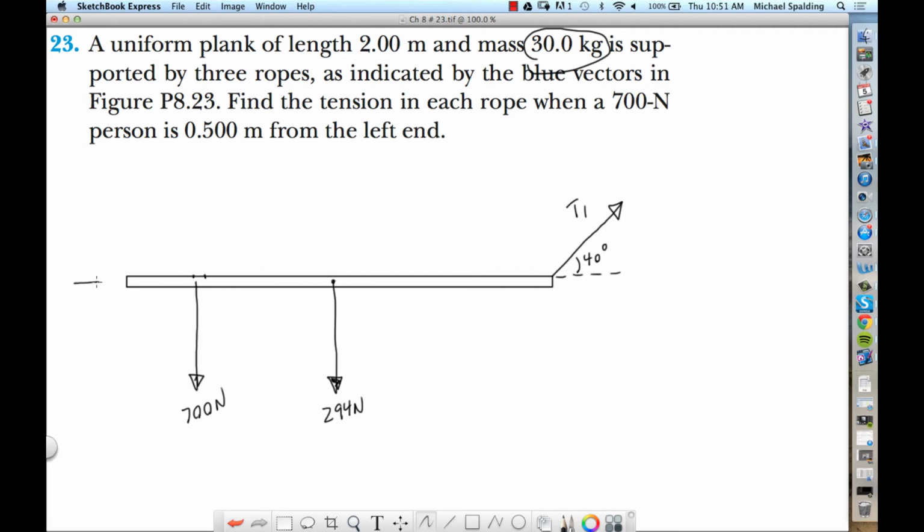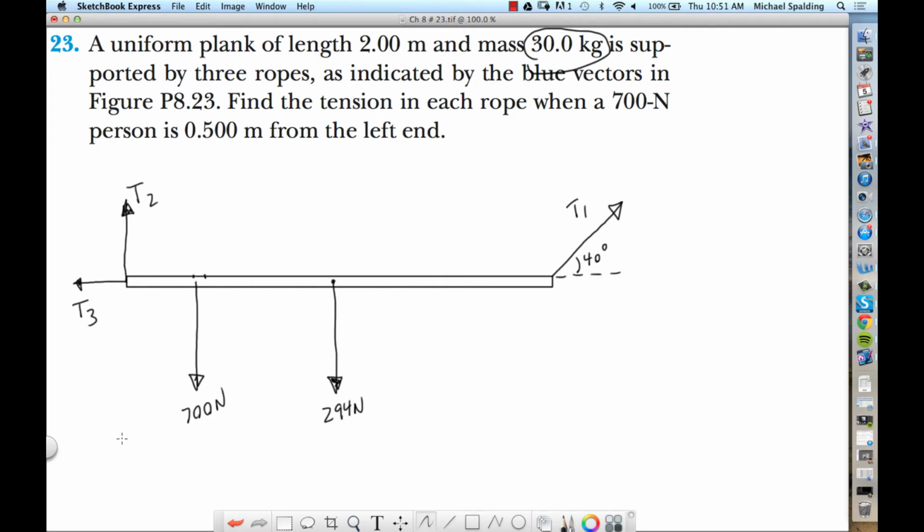Okay, now we have a rope to the left. They labeled that as tension 3, and then we have tension 2 pointing straight up. Okay, this problem involves torque. Whenever you do torque, you have to include distances on your diagram.